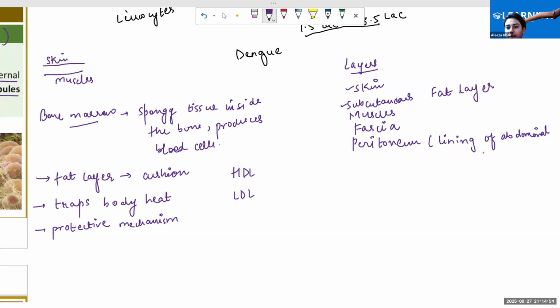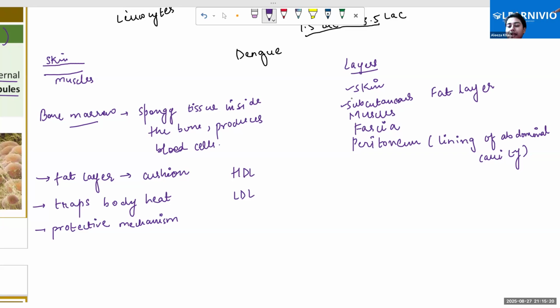So peritoneum is the lining. Peritoneum is the lining of the abdominal cavity. Lining the abdomen, you can say. This is the layer.